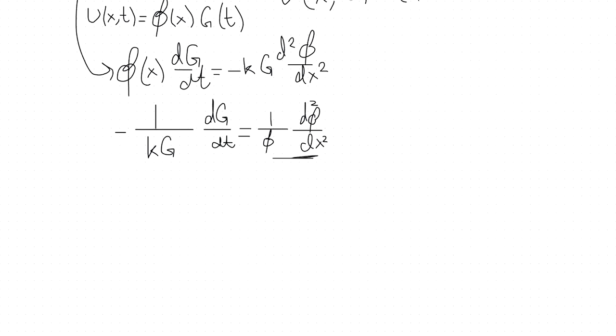As time changes, 1 over phi times the second derivative of phi with respect to x should not change because phi is not a function of time. So because this function remains constant as a function of time, this expression also has to remain constant as a function of time, and vice versa for the other side. Therefore, as time changes, both of these sides have to be constant, and as x changes, both of these sides have to remain constant. And we'll call this constant minus lambda.